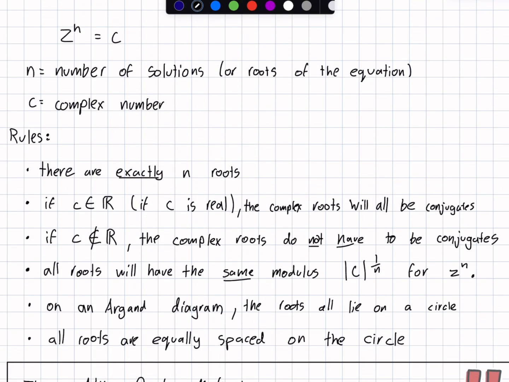And on an Argand diagram, the roots will all lie on a circle, and all roots are equally spaced on the circle. So, if you know how many roots there are and the spacing between the roots, then you can find all the roots simply using this theory.